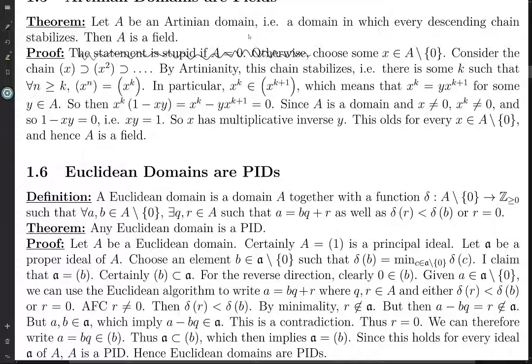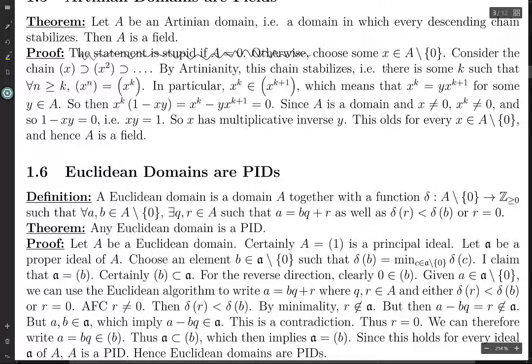I don't think 1 will work. Well, maybe. No, it'll work. Oh, yeah, of course it'll work. Because what we want to do is choose some non-zero element and prove that it has an inverse. Does 1 have an inverse? Maybe. I'll leave that one for you.